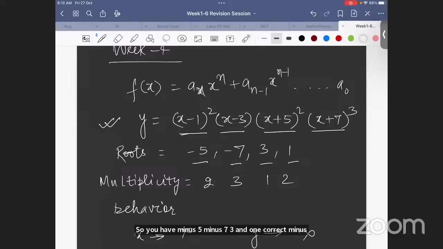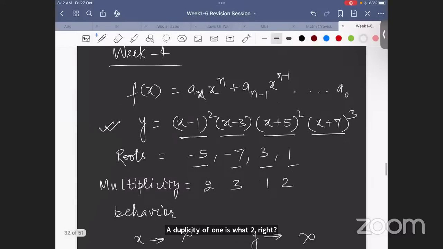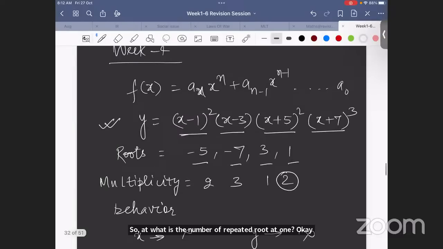At 1 the repeated root is 2. Similarly, at 3 you have only one root. At -7 you have a 3 repeated root, and at -5 you have 2 repeated roots.